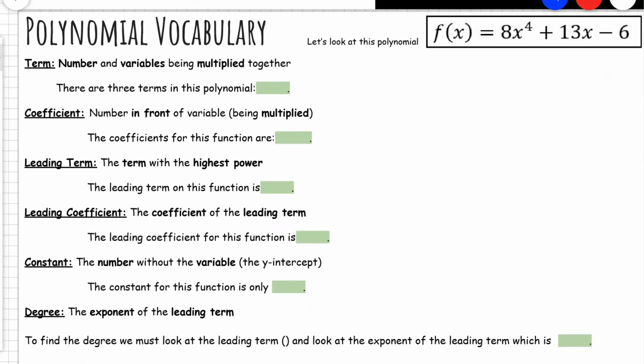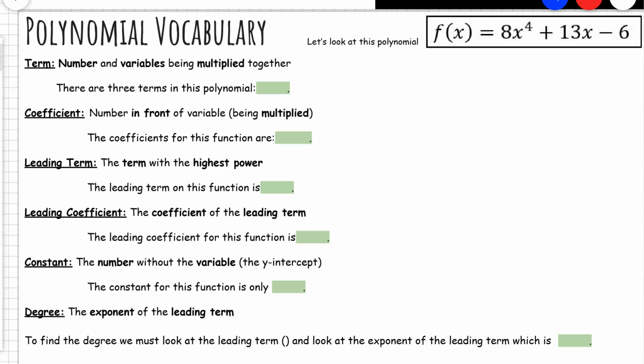So when we're looking at polynomial vocabulary, there's distinct vocabulary for each term, and we've talked about coefficients and constants this year, and also exponents. But when we're looking for terms, those are the numbers and variables being multiplied together. So there are 3 terms in this polynomial.